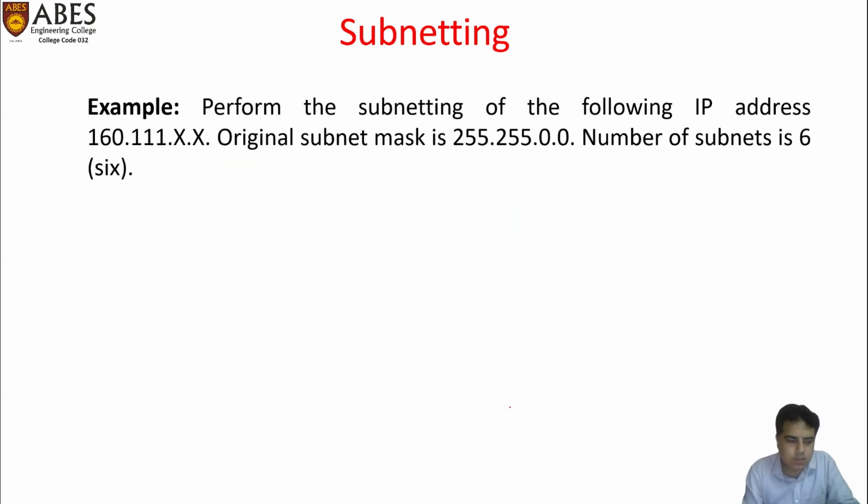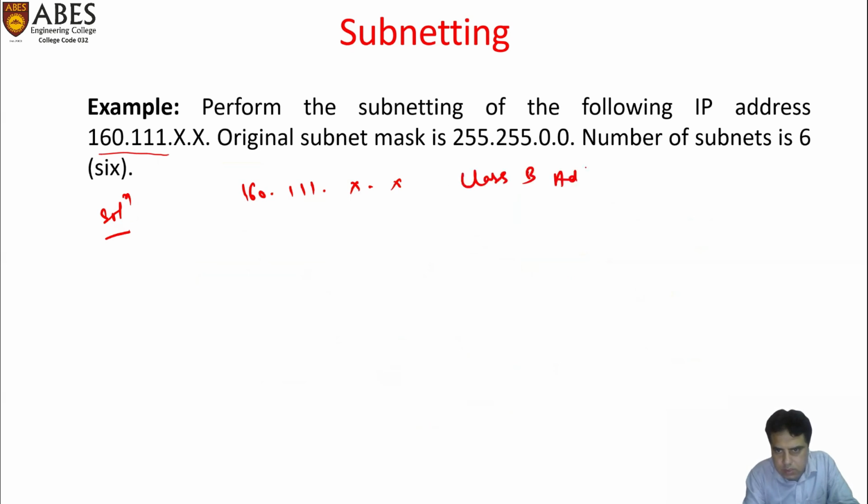Let us take one more example. Perform the subnetting of the following IP address, 160.111. So this shows this is a class B address.